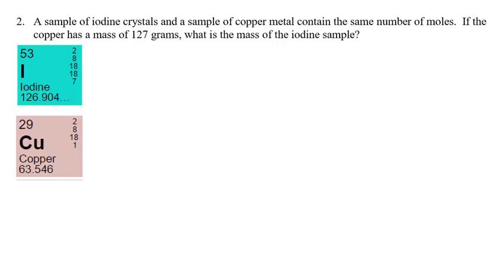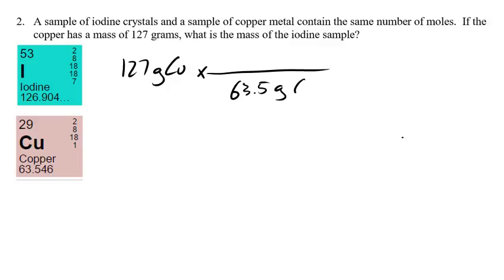Iodine crystals and copper metal contain the same number of moles. If the copper has a mass of 127 grams, what's the mass of the iodine sample? Two-step problem here. We're going to go from grams of copper to moles of copper using dimensional analysis. 1 mole of copper is 63.5 grams, which is equal to 2 moles of copper.